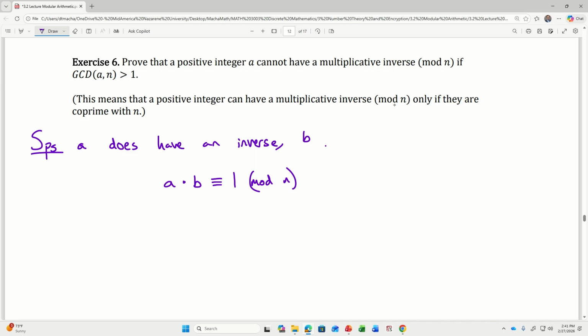And this implies that a times b is equal to some integer times n plus 1.